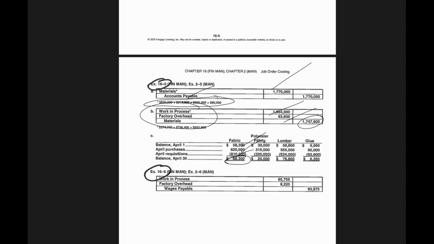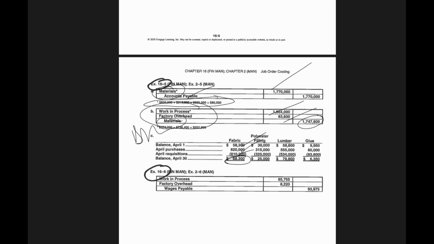Number 6, entry for factory labor costs. So now we've been looking at all this time materials. So those are the direct material. And what are the three components to inventoriable cost? Direct materials, direct labor, and overhead. So now we look again at all of this. And if you notice, the columns are all jobs, except there's one indirect.